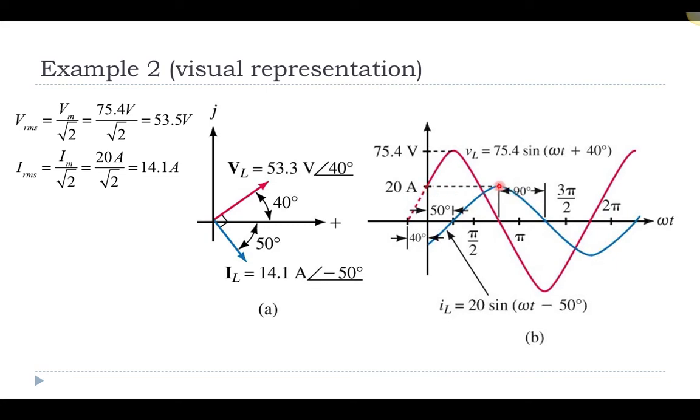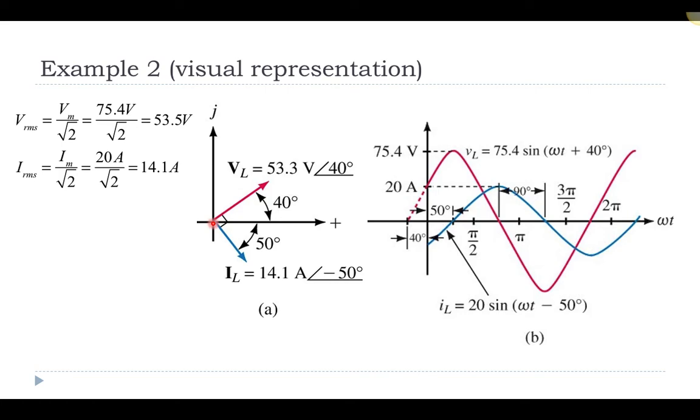If I wanted to represent these in phasor notation, remember that we use effective values or RMS values in phasor notation. So I would need to figure out the effective value for the voltage by taking 75.4 divided by the square root of 2, get 53.5, and I would do the same thing for the current. 20 over the square root of 2 is 14.1.